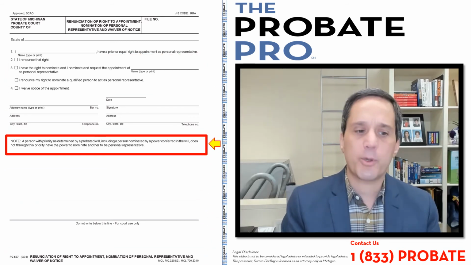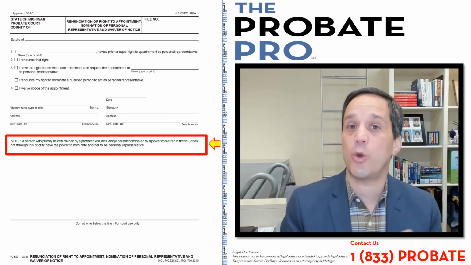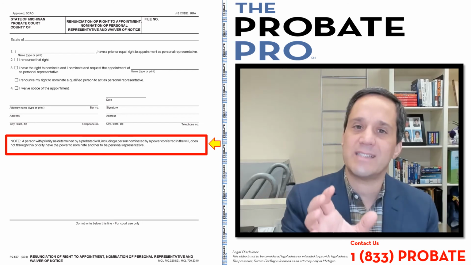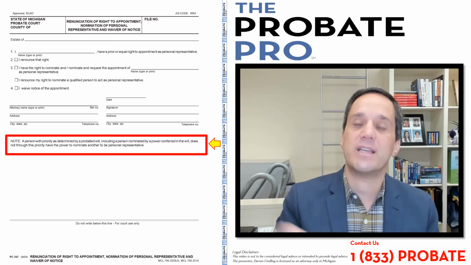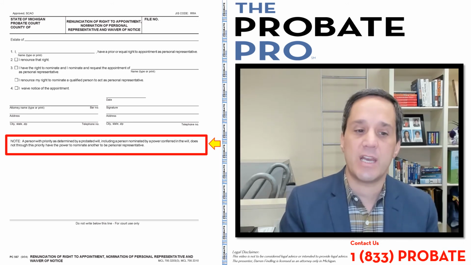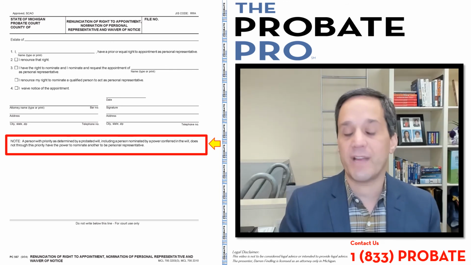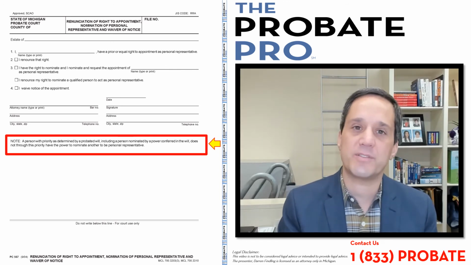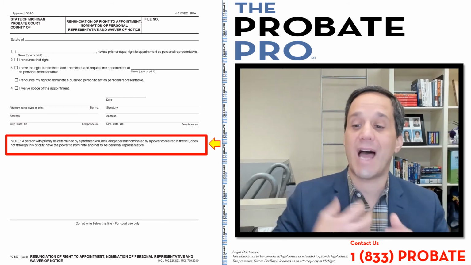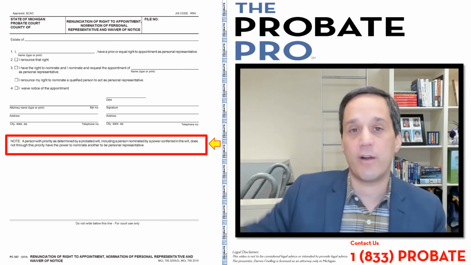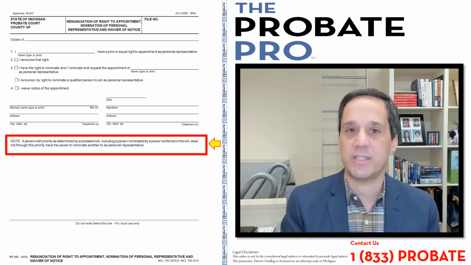You'll notice that in the bottom section there is a note, and this goes to what I was just saying. A person with priority is set forth in a will. So if there's a testate estate, a will, and that person is nominated as personal representative, including a person nominated by power conferred in the will, does not have the priority of the power to nominate. So often people say, well, I'm nominated in the will, I'm going to give that authority to a third party, and you can't do that under Michigan statute.